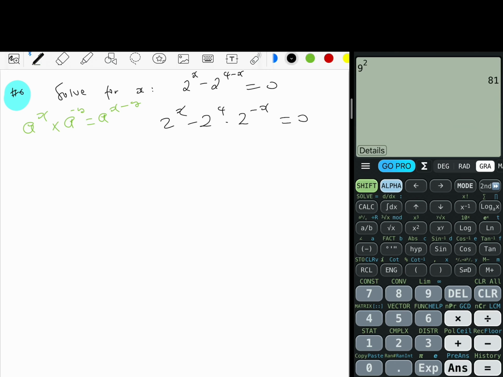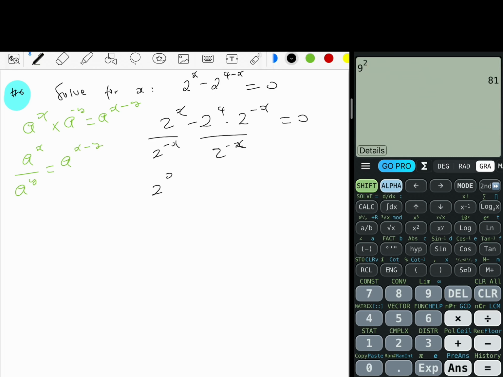Okay, and then what we can do is we can just divide by 2 power negative x on both sides, right? And then we're coming to this rule here. If we have a power x over a power y, this could be written as a power x minus y.